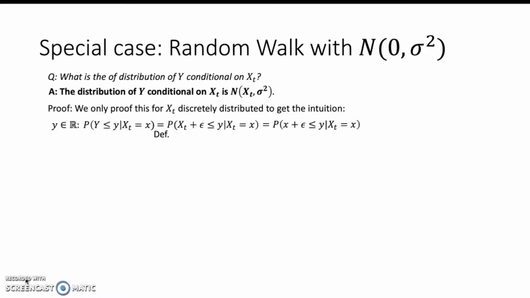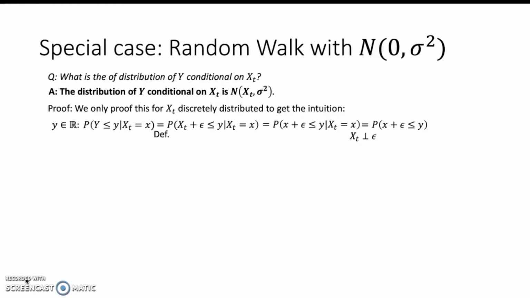We proceed further. Given that x_t is equal to little x, we can just plug in little x for x_t, and then we leverage the independence between x_t, our current state, and the normally distributed random variable to drop the condition.